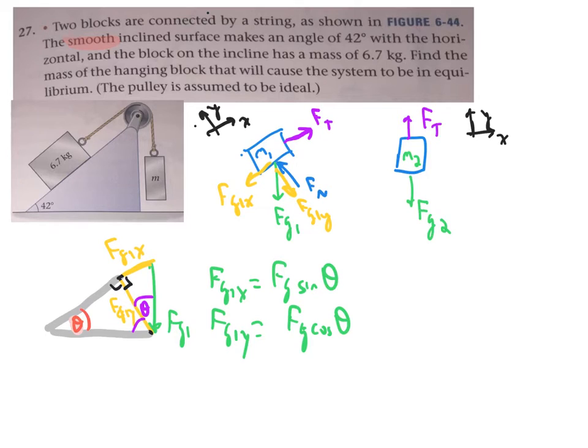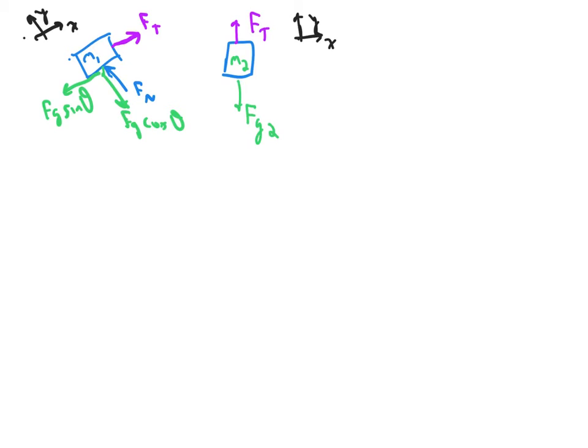All right, we're going to want to go to a different screen so that we can expand on all of this. So give me a second to get there. So from our free body diagrams, we have the sum of the forces on body 1 in the x direction is, and if we look here, we can see that it's going to be Ft and Fg sine theta.